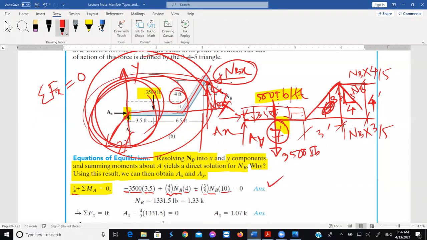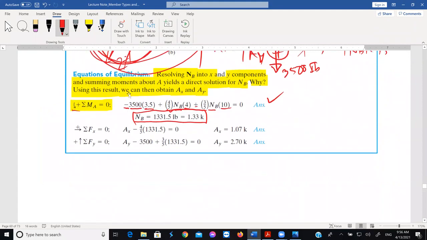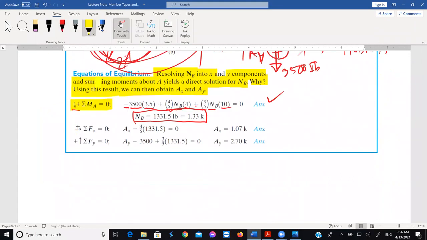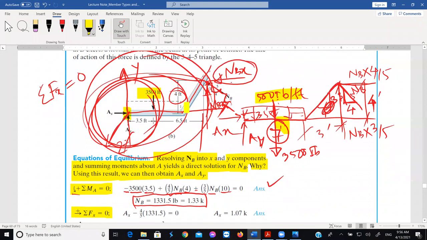So that's how you sum up all the moments of all the forces, and that's going to give you an NB value of 1.33 kip. Now you have summation of horizontal force equal to 0. If you use this equilibrium equation, there are two force components in the horizontal direction only. One is AX, and I assumed AX to work in the rightward direction.